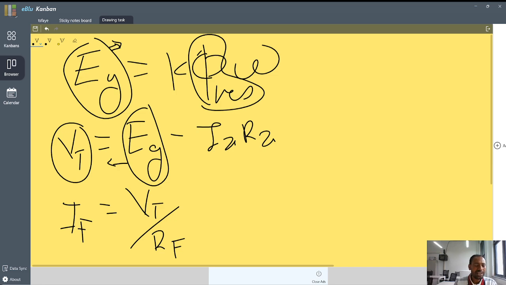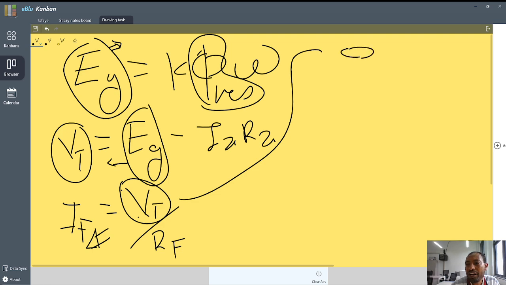This smaller VT is going to produce some IF, a smaller IF. This IF is the one responsible for creating the flux inside the machine.